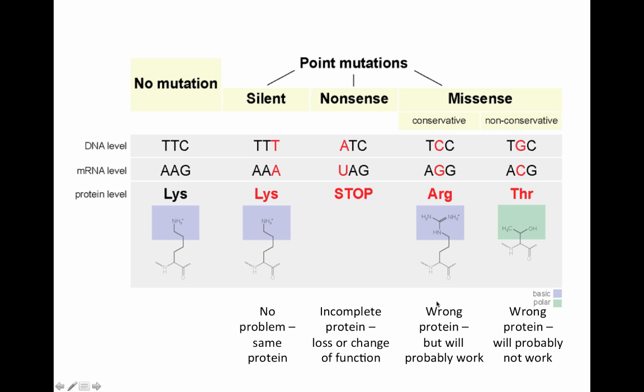You can also have conservative missense mutations, which, remember, is the case where we do have a change in the amino acid that's coded for, but the amino acid is going to have very, very similar chemical properties to the original amino acid and will probably have a very minimal effect on the protein function. And so this will be a change, but a very small change.